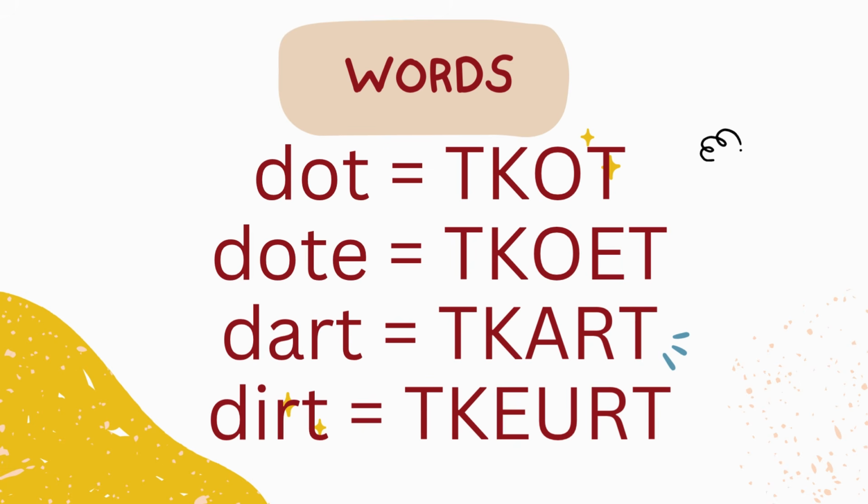Then we have another set of words: dot, dote, dart, and dirt. Dot is initial D vowel O final T. Dote is initial D long O final T. Dart is initial D vowel A final RT. Dirt is initial D vowel I final RT. Let's practice. Dot, dote, dart, dirt.